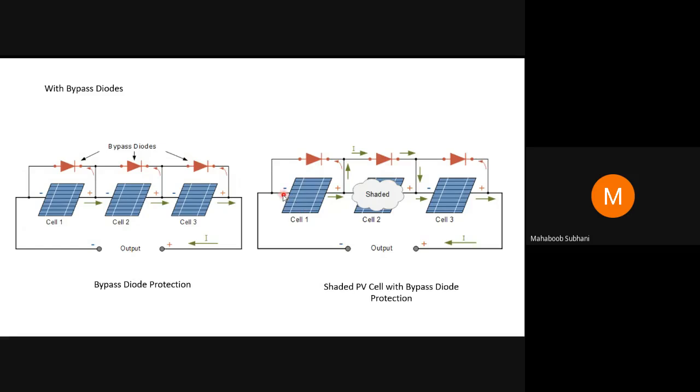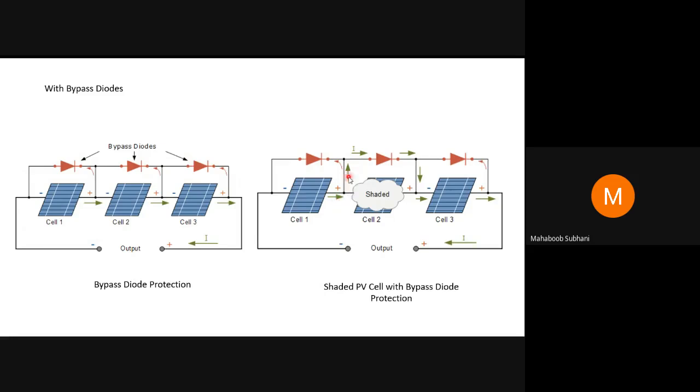Now the current passes through cell 1 and normally it has to pass through cell 2, but because cell 2 is shaded, the current will not pass through it, because it is at a reverse negative voltage. Now there is a provision for it to go through, because this is a reverse direction, it will only allow current to flow in the reverse direction.